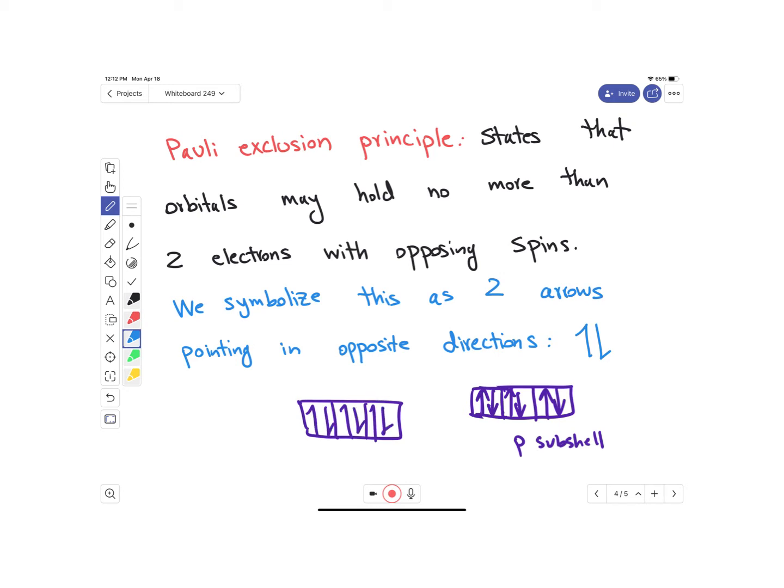But if you write the whole arrow, that won't be wrong. Okay? So as your friend said, Pauli exclusion principle says that what I wrote here is wrong. The arrows that represent electrons, both of them cannot be up, or both of them cannot be down.